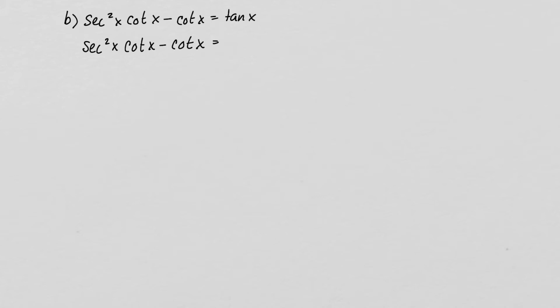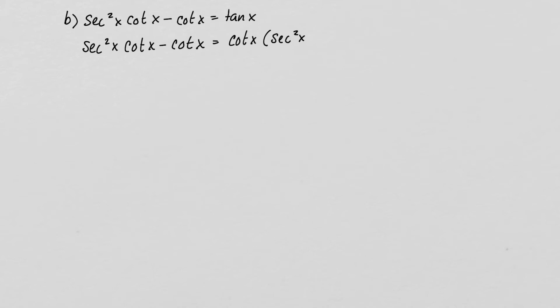So let's try one more. So we've got secant squared x, cotangent x, minus cotangent x equals tangent x. So again, I'm going to start with that left-hand side, which is the more complicated side. And on that more complicated side, if you notice, both this first piece and the second piece have a cotangent x in it. So I'm going to factor out the cotangent of x, and I'm going to be left with secant squared x.